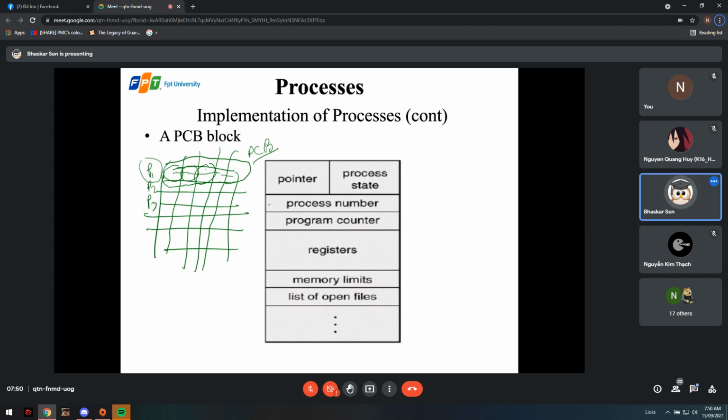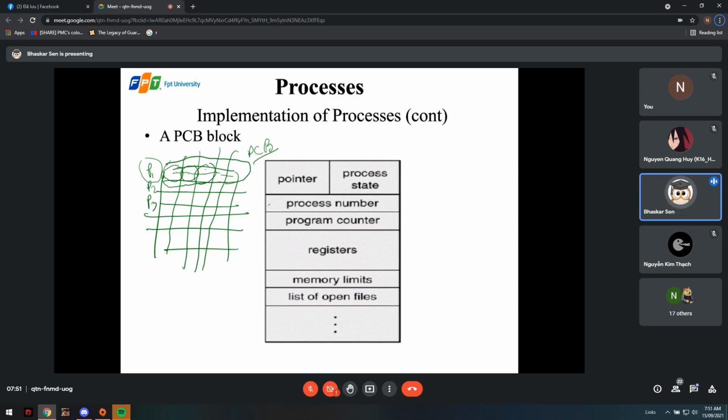The things that we are looking at right here is multiple PCBs for multiple processes. So any process, whether it is currently executing or it is blocked or it is standing in the ready state, it must be associated with a bunch of register values.